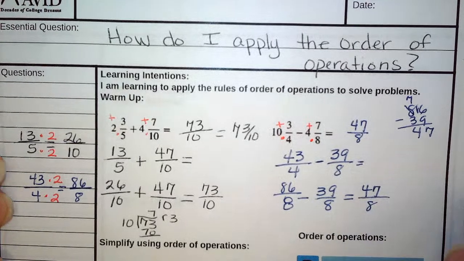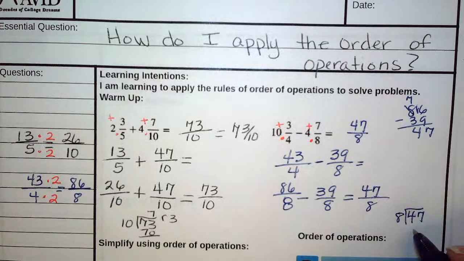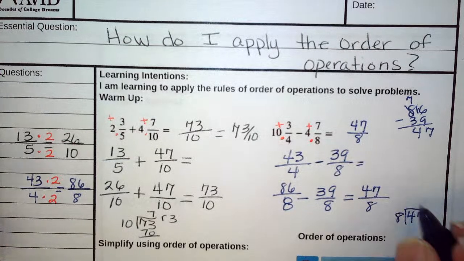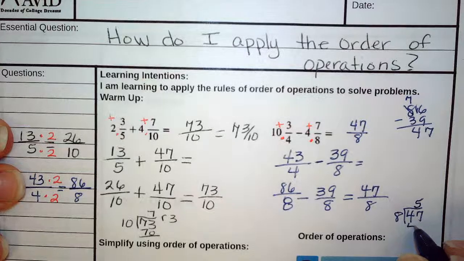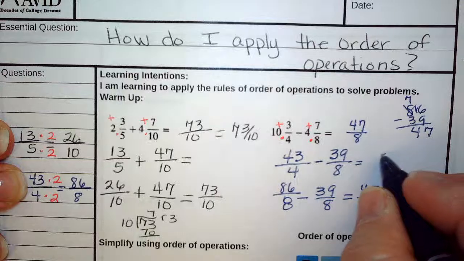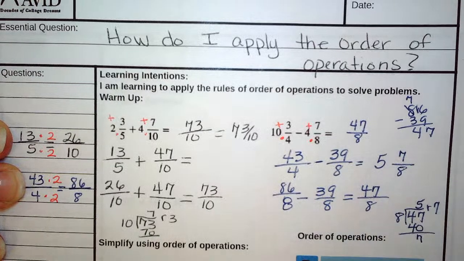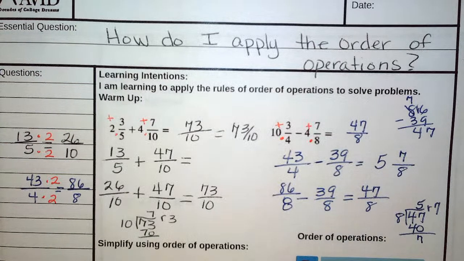But if I want to make it into a mixed number, 47 divided by 8, well, it will go into 48, that'd be 6 times, but it only goes in 5 times, which is 40. I've got that 7 remainder, so this is 5 and 7 over 8.